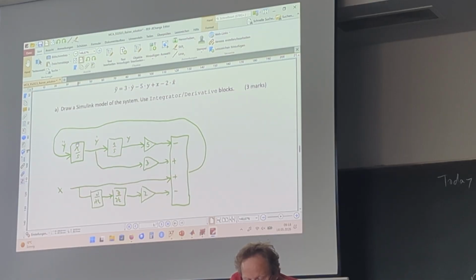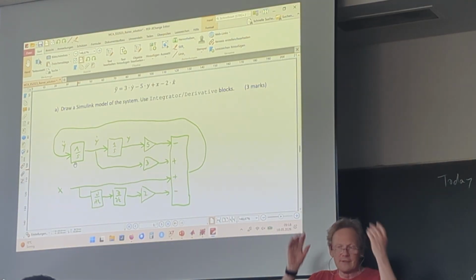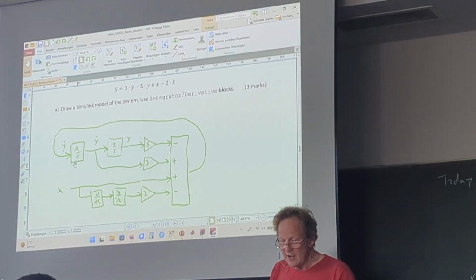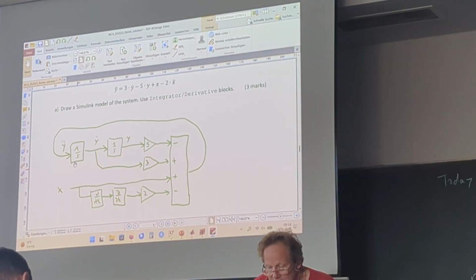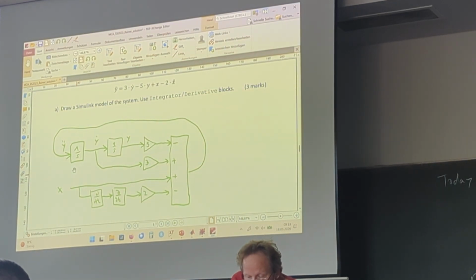In Simulink, actually, an integrator has this text 1 over Laplace S. But you could also write int, for example, let's have a text int, when I understand, that's the integrator. Or an integral sign, everything fine. Just make clear where is an integrator and where is a derivative.